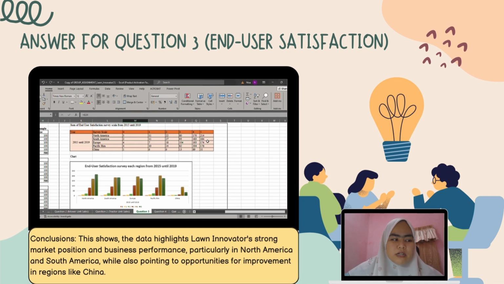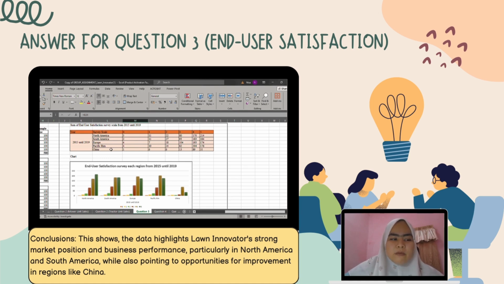Europe also demonstrates commendable satisfaction levels, particularly at score 4 with 193 responses, and also score 5 with 174 responses, indicating a generally favorable view of service.